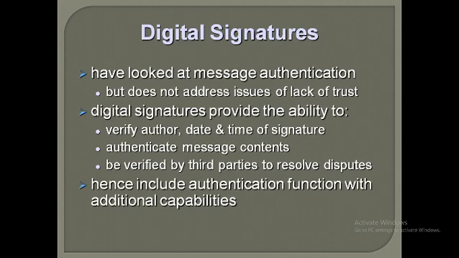And this includes the authentication function with additional capabilities. Here it will be doing only the authentication function, but it cannot verify the confidentiality, or whether the message has been modified or not. So here we need to do some other things like encryption also.